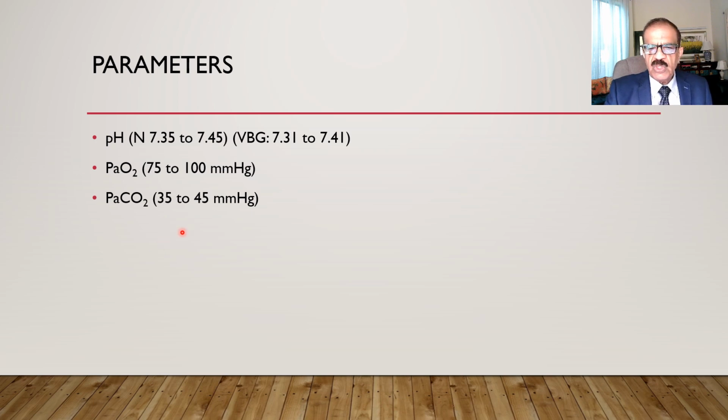So these three are directly measured values with the substance specific probes which are fitted on the machine. There are many other values which are derived from these. HCO3, which is bicarb, and the value should be 22 to 26 milliequivalents per liter. Then base excess.